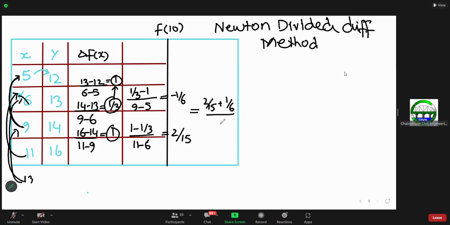Just guess the pattern. Try to find the pattern. Yes, 11 minus 5. Correct. It will be 11 minus 5.